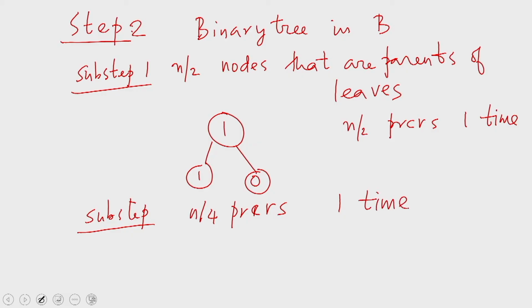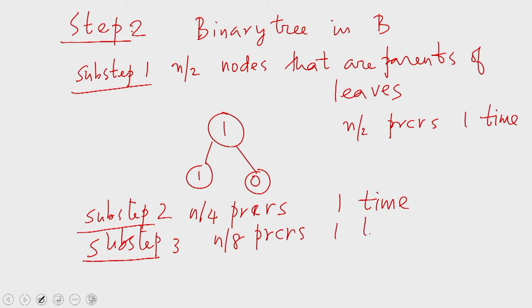So, the second step can be executed using n by 4 processors in 1 unit of time. This is the second substep. By extending the argument, we find that in the third substep, using n by 8 processors, in one unit of time we can fill the nodes that are at level 3 from the bottom.